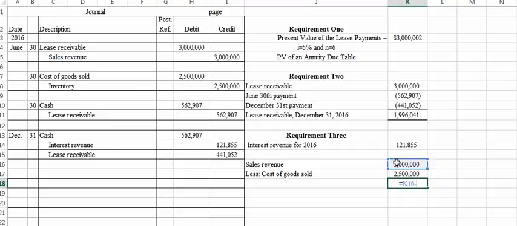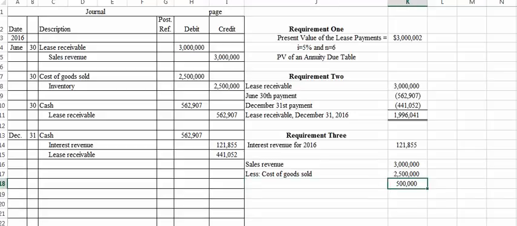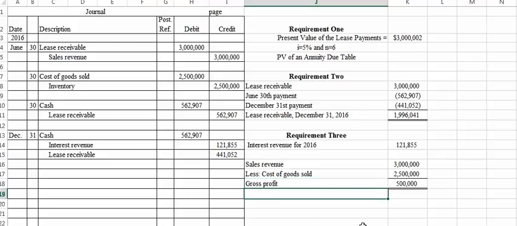So the difference in the two is just our gross profit. Some books would call it gross margin. This book might even call it gross margin. Either one would be fine. Gross profit, gross margin, same thing.